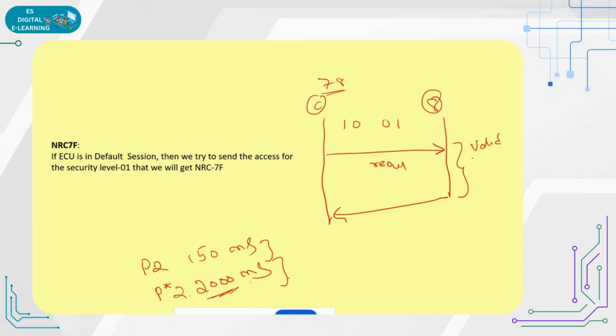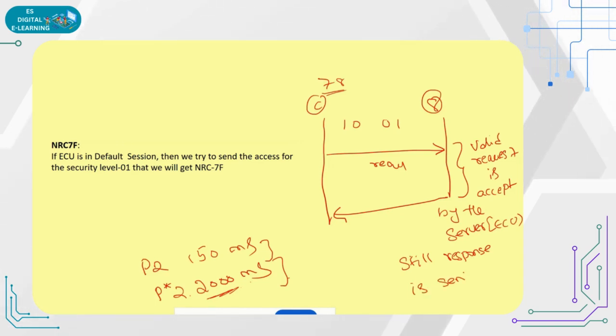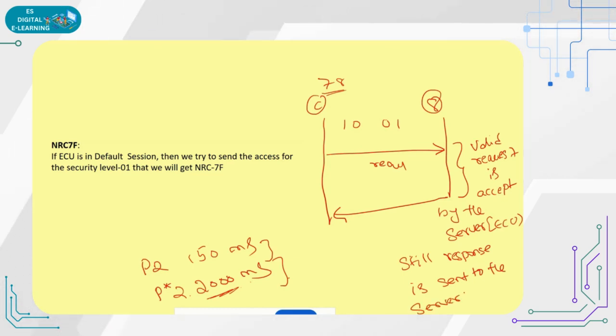The valid request is accepted by the server or ECU. Still, write down the same: the response is not sent from the server to the client.